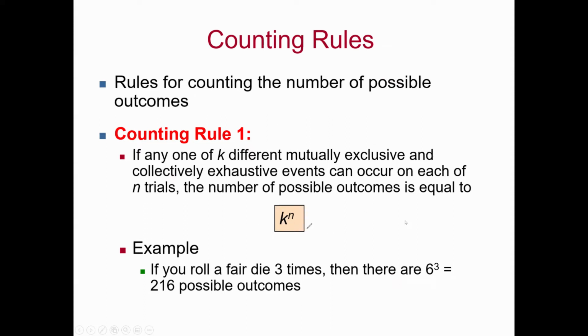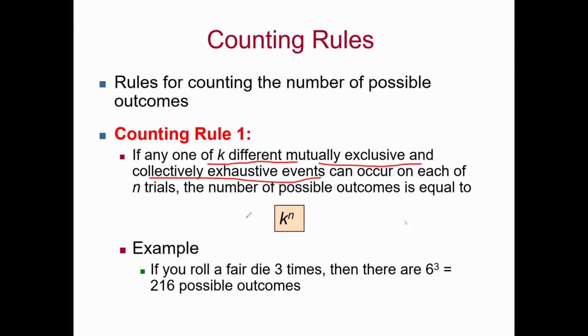The first rule is when the event has k different mutually exclusive and collectively exhaustive outcomes. For example, when you toss a coin, the outcome will be either head or tail, so k will be 2. And n is the number of trials.